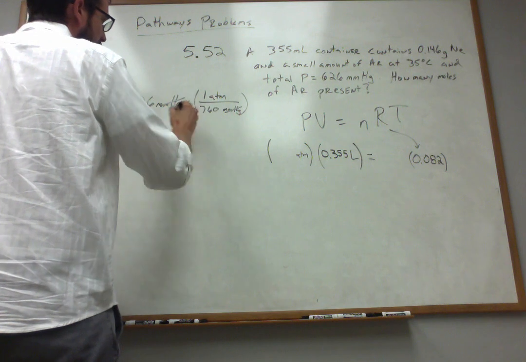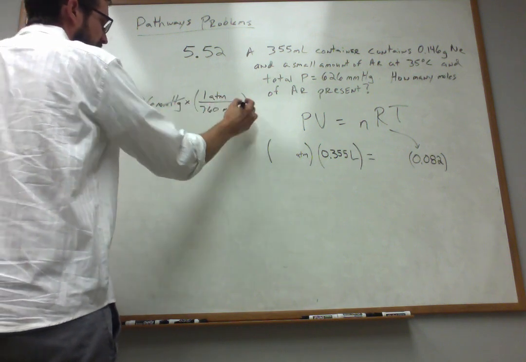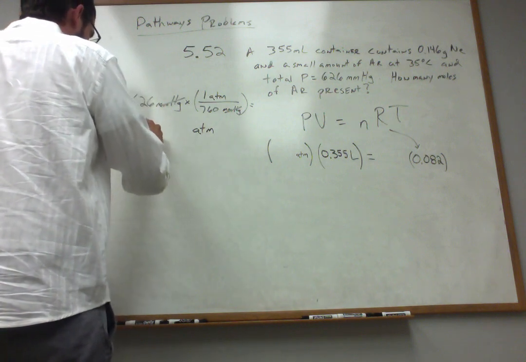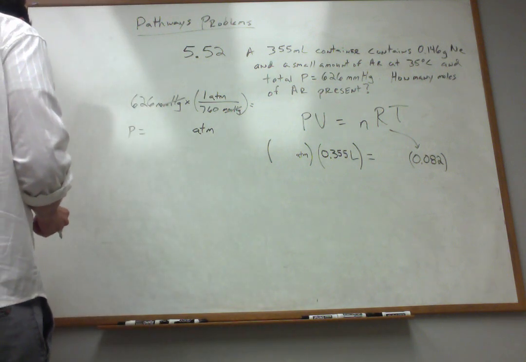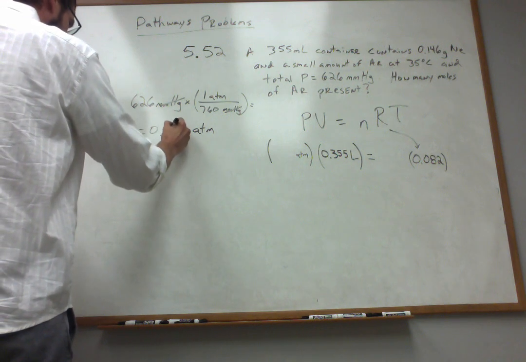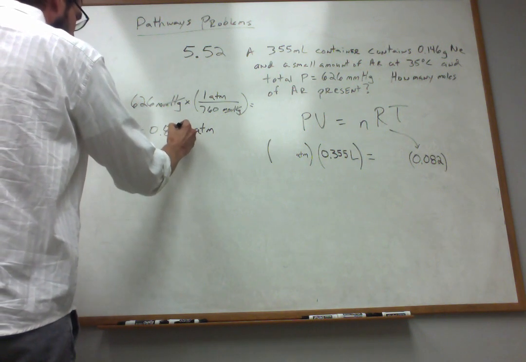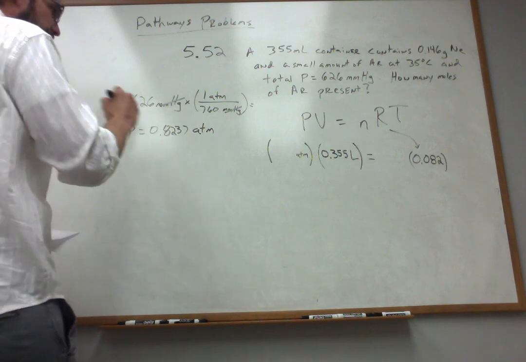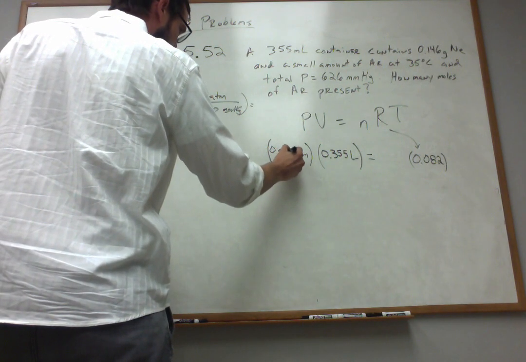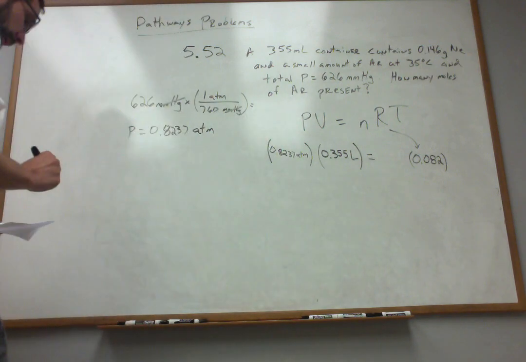So those units cancel. I take 626 and I divide by 760, and that gets me my pressure in atmospheres. Let me see what I get if I do that. It looks like it's 0.8237 atmospheres. So 0.8237 goes right here for my P.